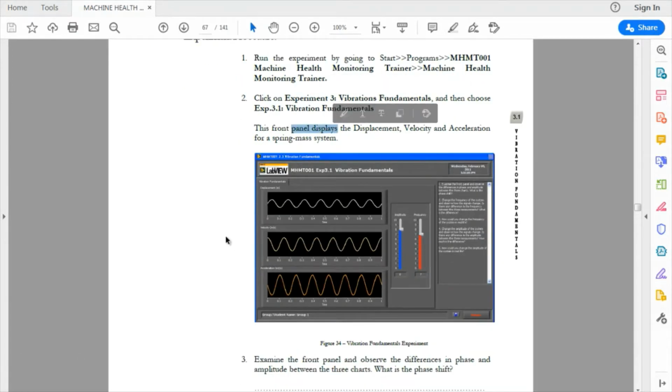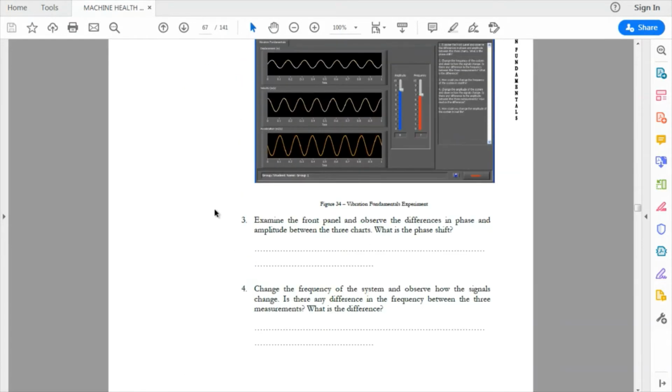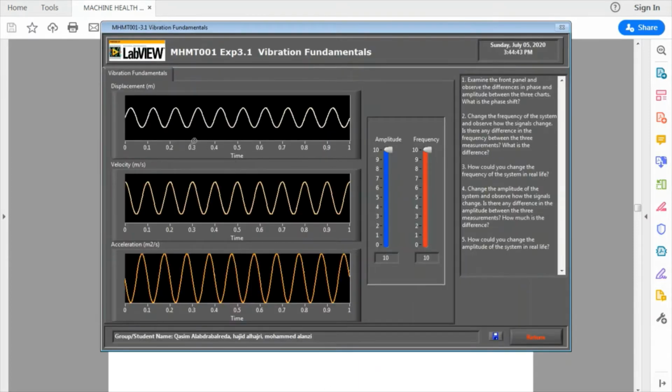We have this panel displays. To start, we need to examine the front panel and observe the differences in phase and amplitude between the three charts as we discussed earlier. We can clearly see that the value of amplitude here is higher. Sorry, this is displacement. The velocity is higher than that, and acceleration is even higher than both of them.